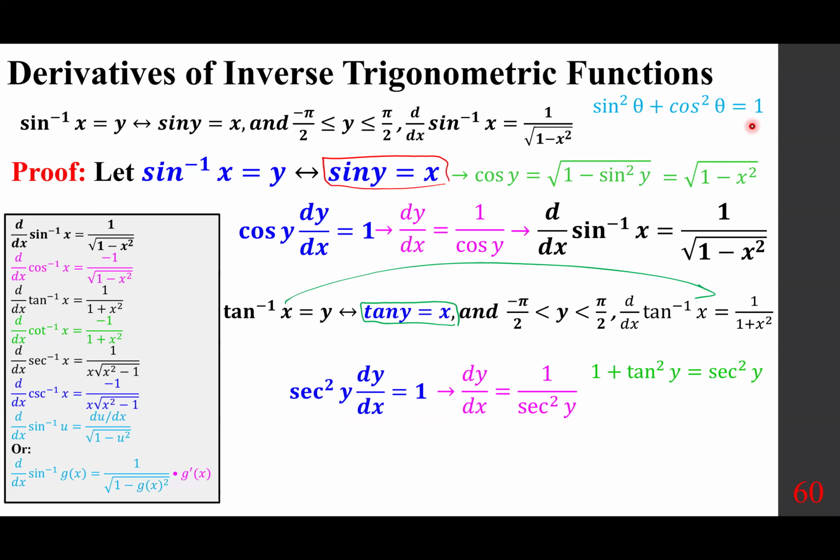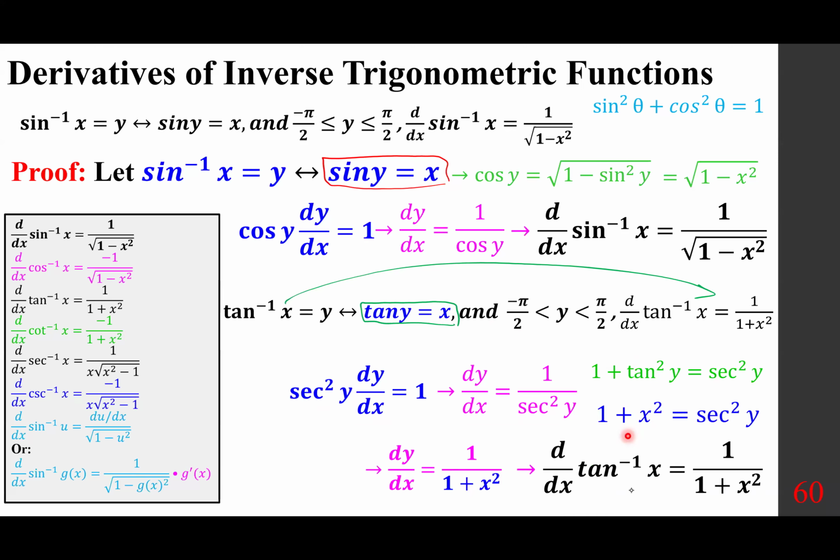So 1 plus x squared is secant squared, and we replace the secant squared with 1 plus x squared. Therefore, we prove the derivative of tan inverse is 1 over 1 plus x squared. I hope everybody's fine with that.